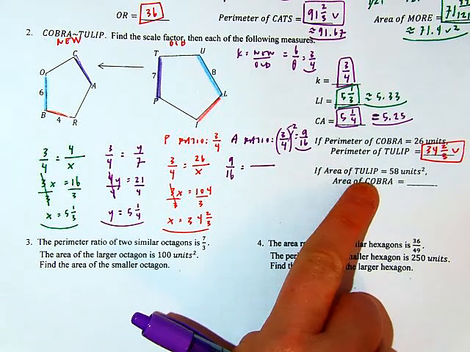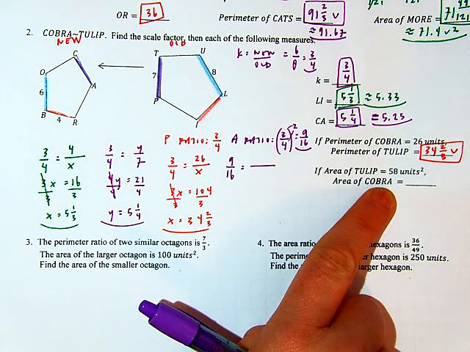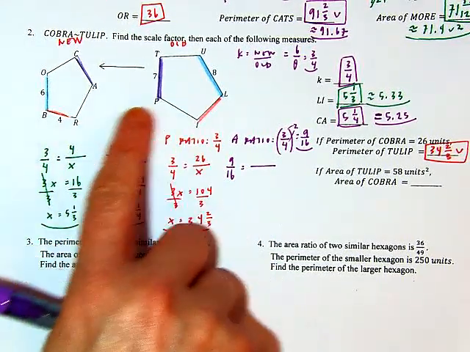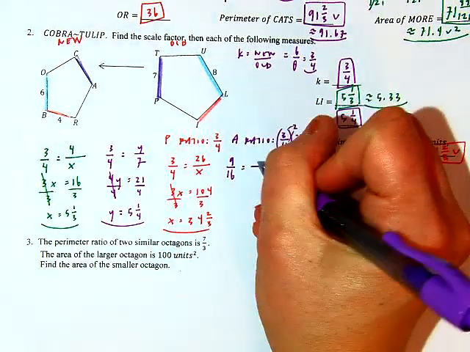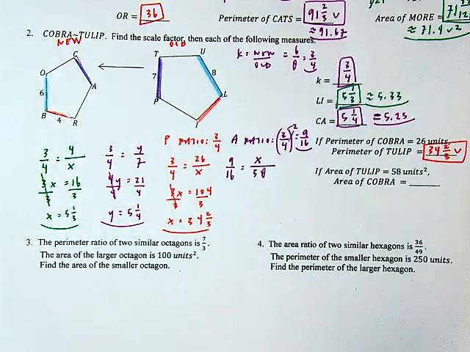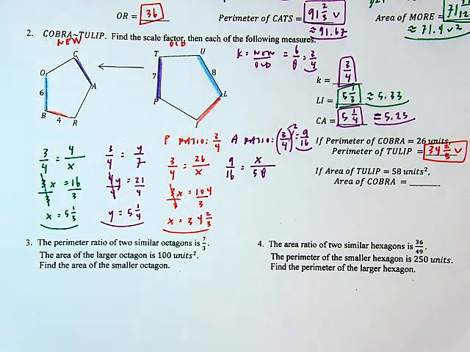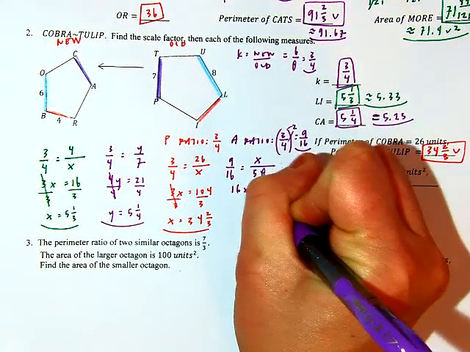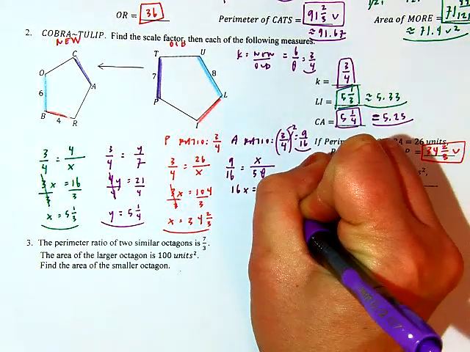So the area of Tulip is 58. I want the area of Cobra. So I'm reading it left to right and then left to right. I'm solving for Cobra. I know Tulip is the 58. So this is what it would look like, or I could switch my variable again and call it something else. Cross multiply, and I have 16x equals 522.